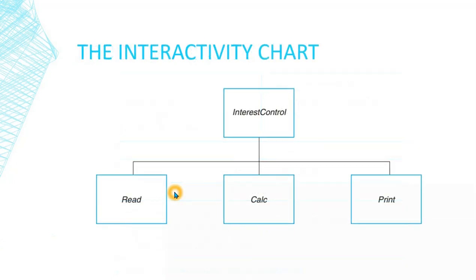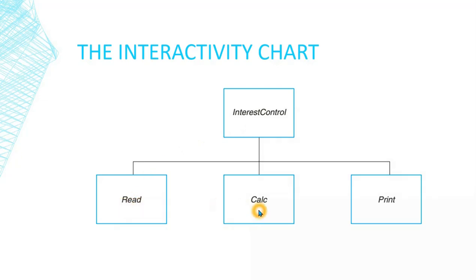Okay. After developing الباس we go and develop اللي هو الانتراكتيفيتي chart, and this is a very important step, how to divide this solution for the problem into modules. So of course we will have a control module. As usual, we have the control module, and we will need to enter the data using a read module.